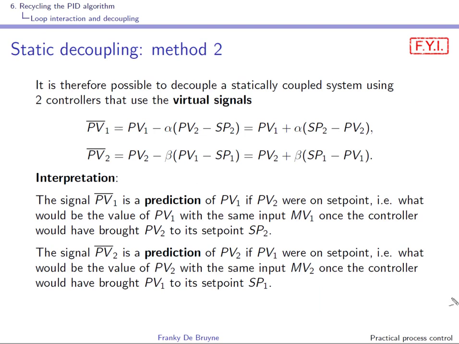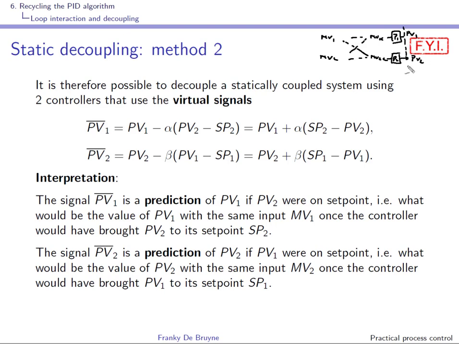So in this subsection we deal with statically coupled processes. So we have here MV1, MV2. There is a static coupling, right? So this produces here MV1C coupled, MV2C, and here you have P1, P2, right? And we have PV1, PV2.